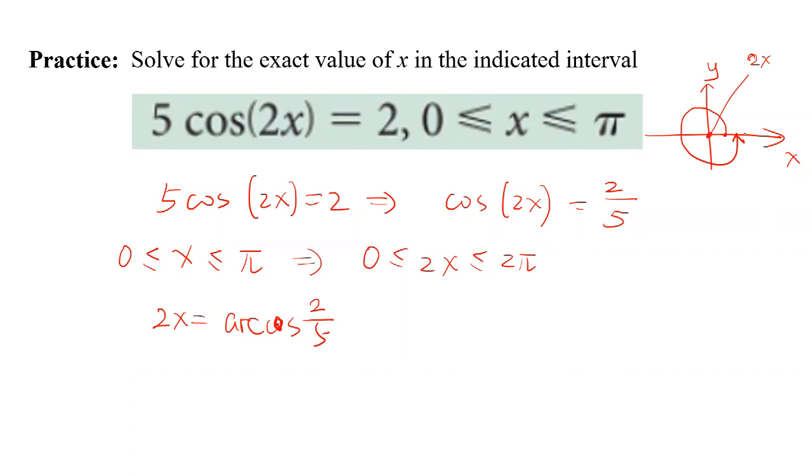And in the interval 0 to 2 pi, if you have a solution here, you must have another solution here, right? This is actually 2 pi minus arc cosine 2 over 5, right?